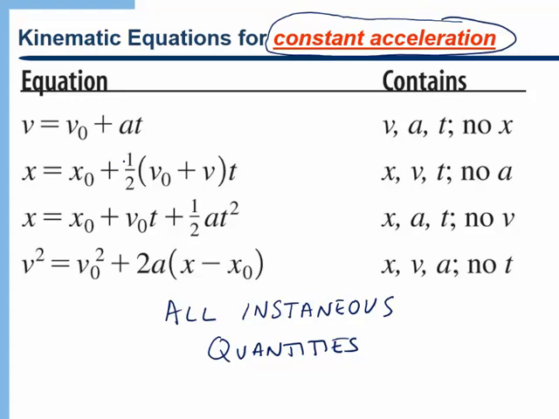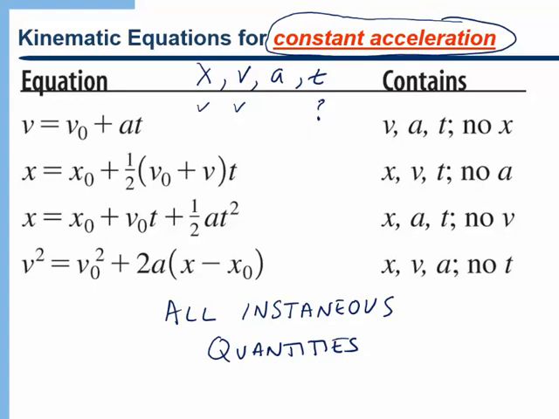Now you may ask yourself, why do we need 4 equations? Why did we stop at 4? Well, the reason is we have 4 basic variables, x, v, a, and t. And you'll notice that we have 4 equations, each of which is missing one variable. So for example, in a problem, let's say that you know x and you know v and you want to know t.